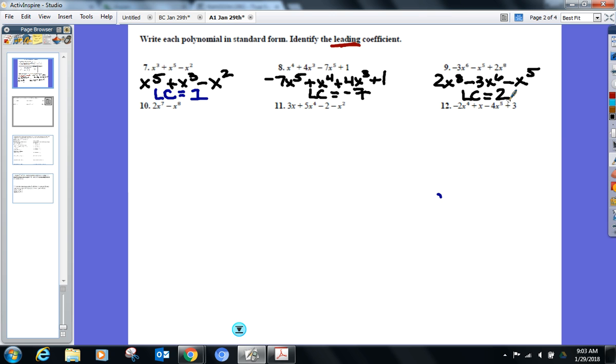You and your group right now, you got 5 minutes. Maybe less than 5 minutes. Figure out the next 3 now. Write it in standard form.